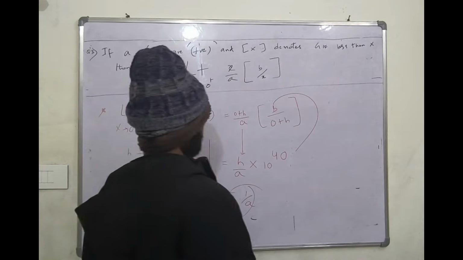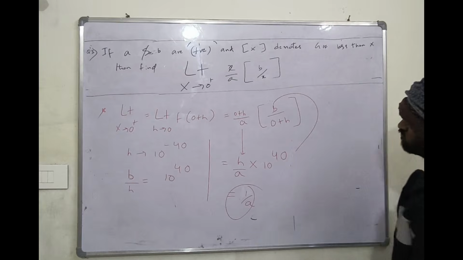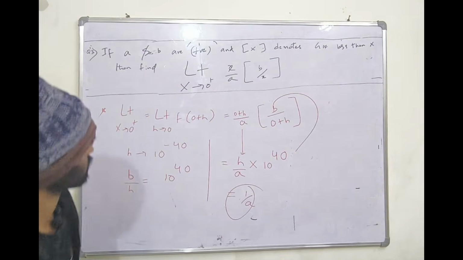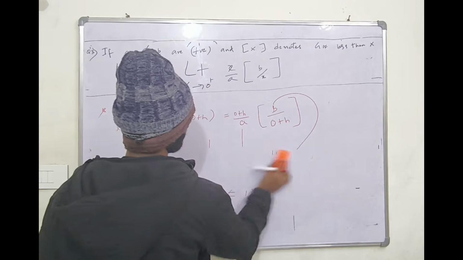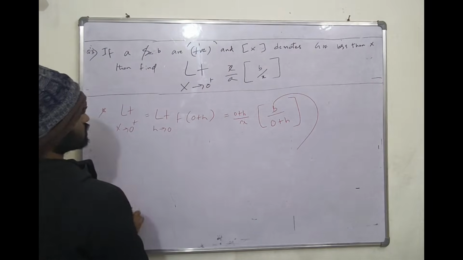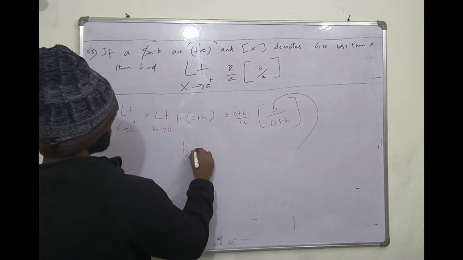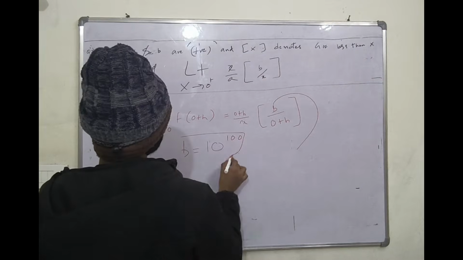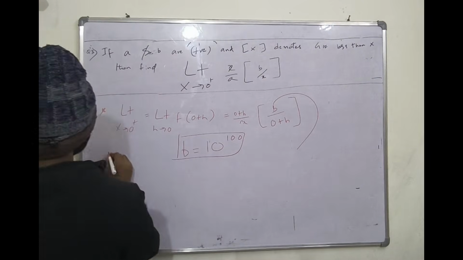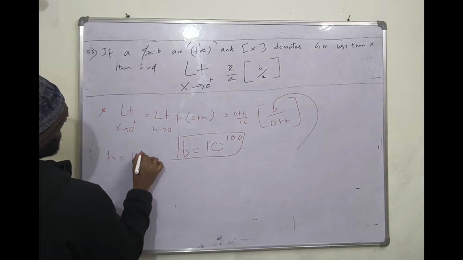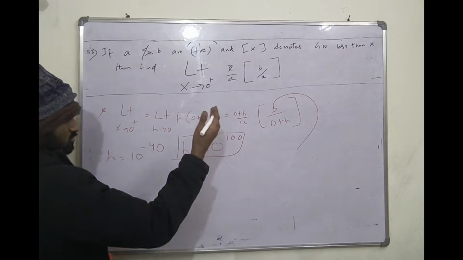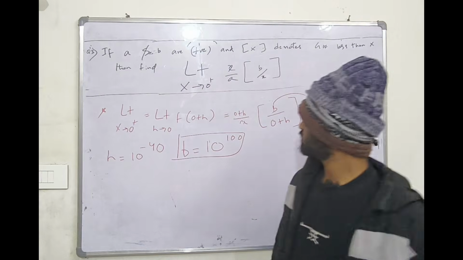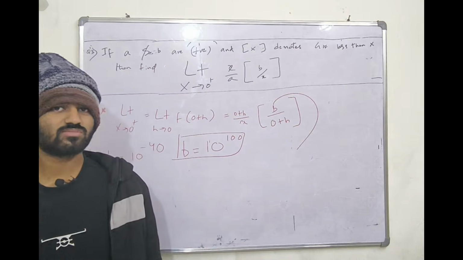But what if, case 2, I take b equals 10 power 100 and h equals 10 power minus 40? Then inside the bracket we get 10 power 140. So step of 10 power 140 is 10 power 140.